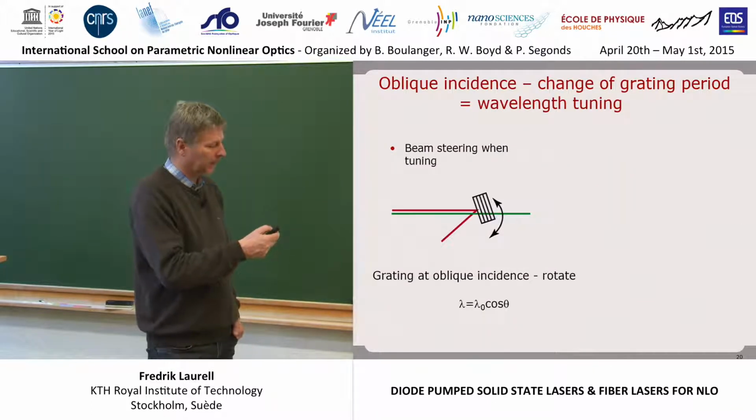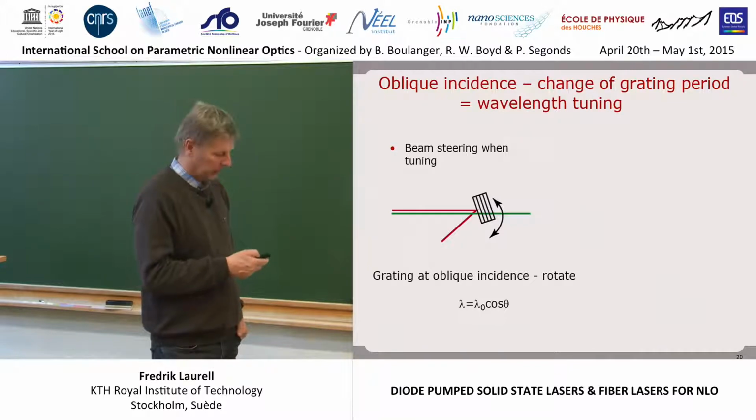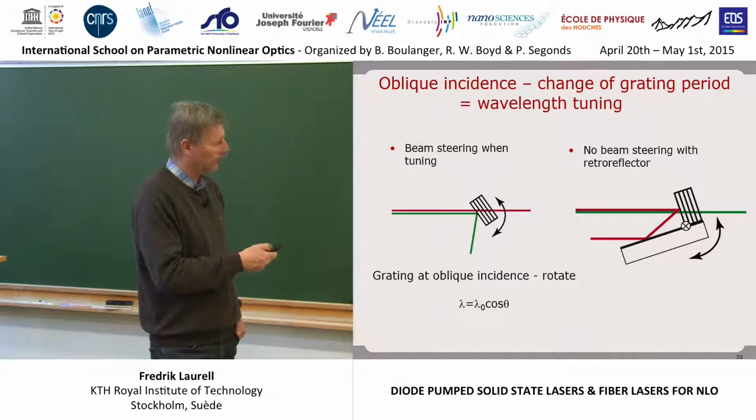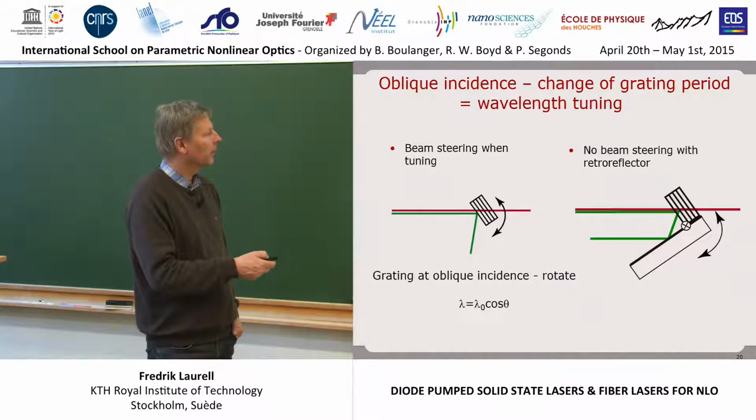Okay, and the tuning. So we get beam steering, of course, if we rotate our VBG, but if we put it in a retroreflector here, and this is the pivot point, then the beam is always coming out like that, and we can put the mirror here. So you see.